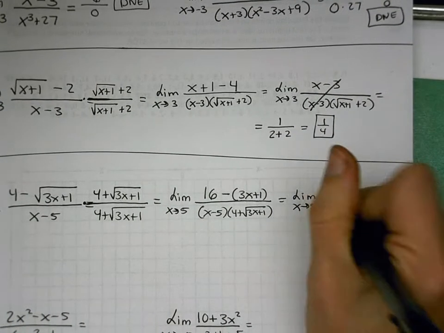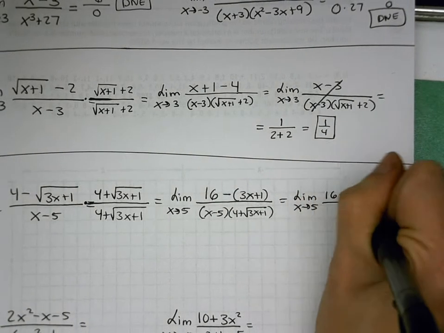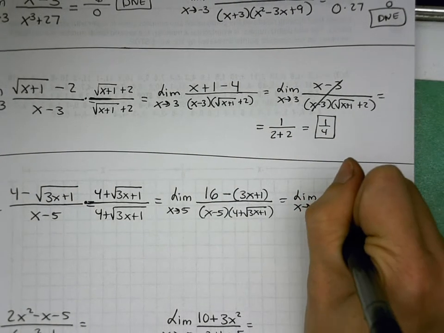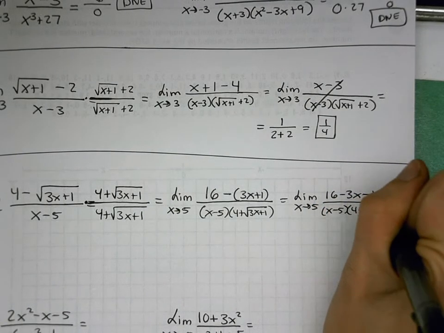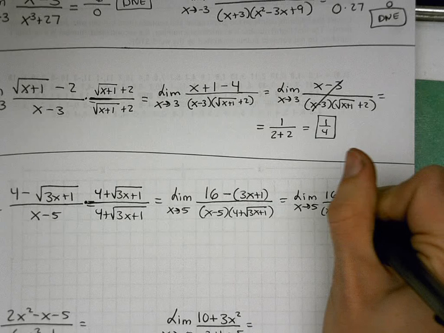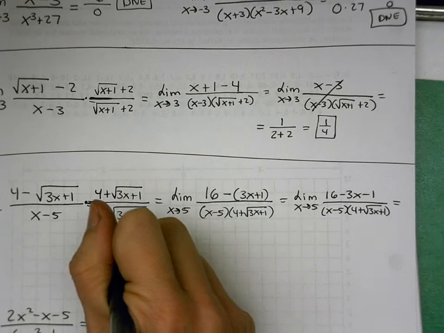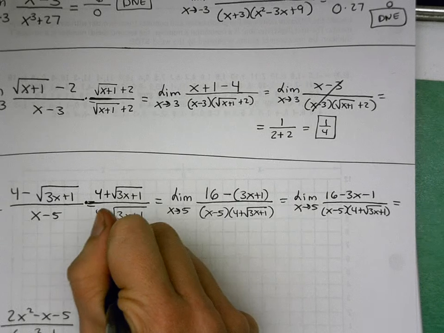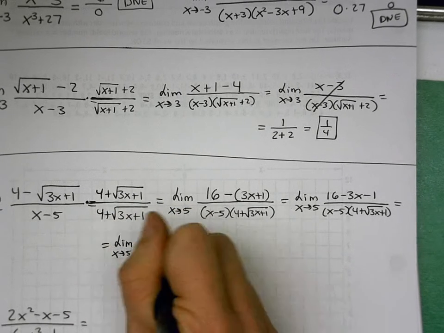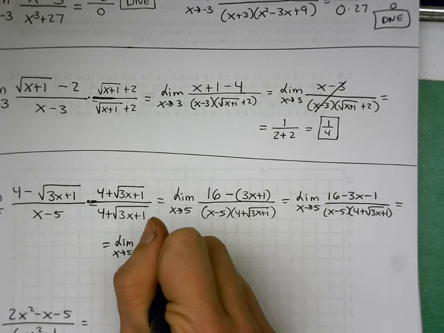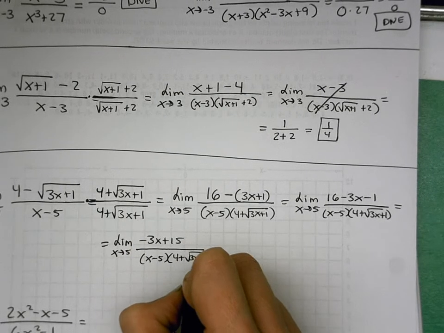Distributing the negative would be 16 minus 3x minus 1. Combining like terms, 16 minus 1 is 15. So it would be the limit as x approaches 5 of negative 3x plus 15 all over x minus 5 times 4 plus root 3x plus 1.